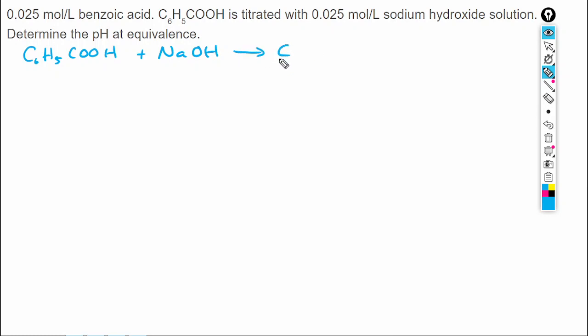So my products will be sodium benzoate and water. It's a neutralization reaction.